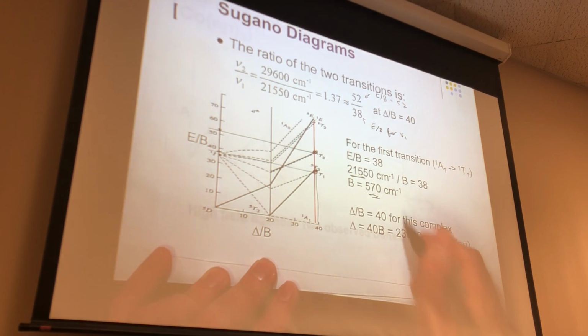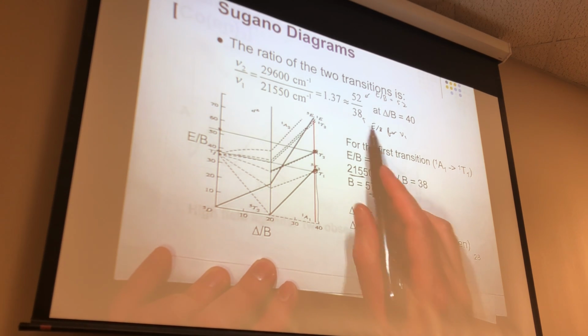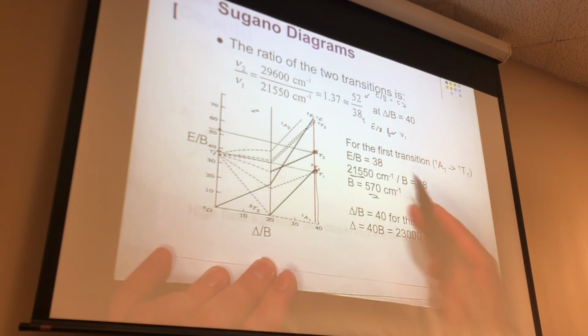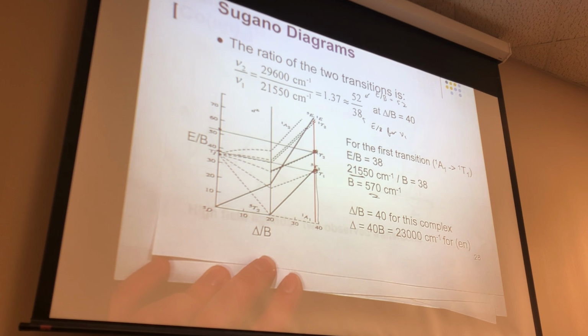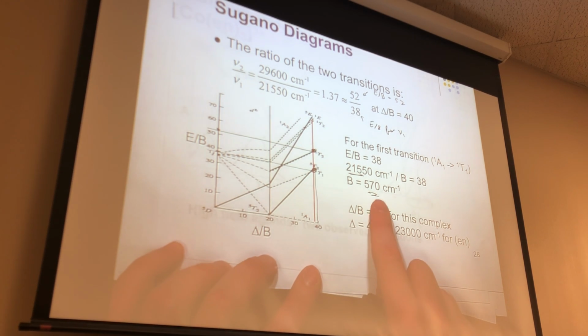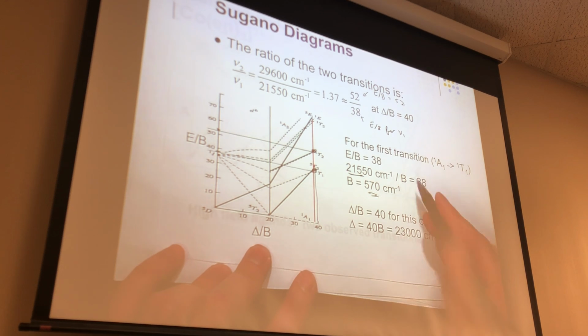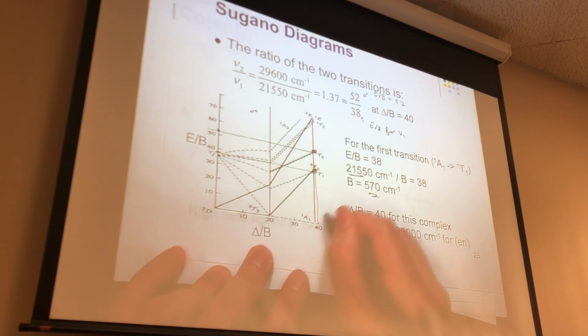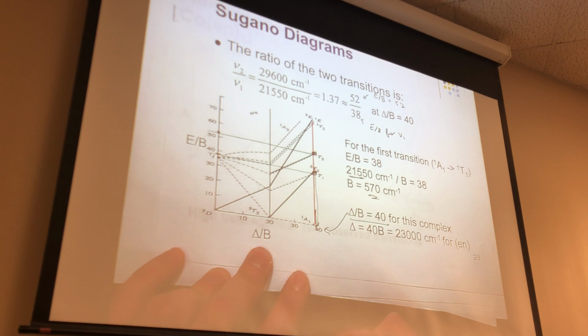We should get the same value if we test it for the other one. We'll do this by hand in a moment, but I'm giving you a complete worked-out problem in the notes that we can look back on later. So since we know what B is, we know that delta O over B is 40, because that came from down here.